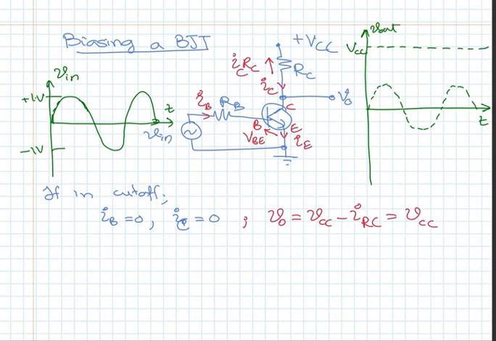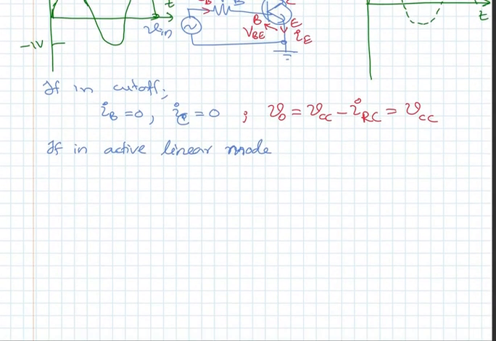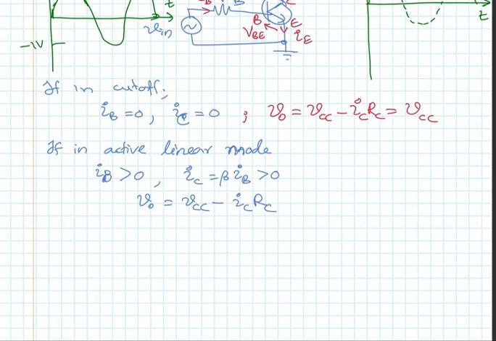Okay, the next case: we don't know when it is cut off, we have to find out. Next, if it is in active linear mode, then we know that IB is greater than 0, IC which is equal to beta times IB is also greater than 0, and from the same equation Vout is equal to VCC minus ICRC.